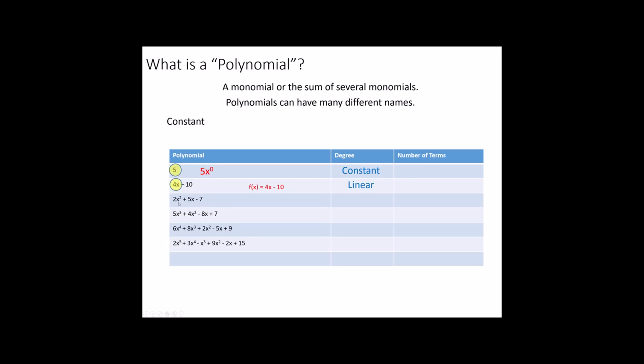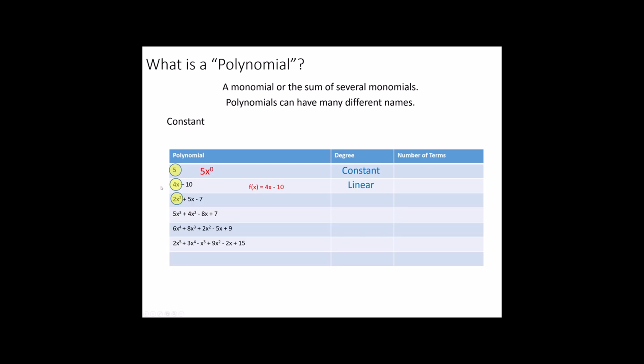Take a look at this example down here. You have 1, 2, 3 monomials. 2x squared, 5x, and -7. Three different monomials. Remember that -7 is the same as -7x to the 0. So this monomial right here, this first one, is the highest degree monomial, x to the second power.